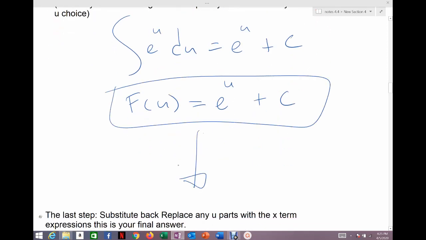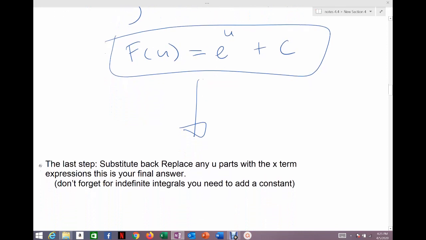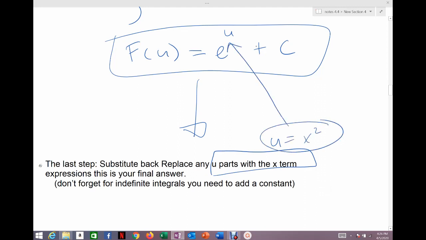Alright, then there's one last substitution step back. Right now it's in terms of u. Alright, well I don't want my final expression to be in terms of u. I want it to be in terms of my x value, right, which was my original function. And so you've got to put back the x term. Well, remember what u equaled. u equaled x squared. And so I've got to go and plug that back in here.